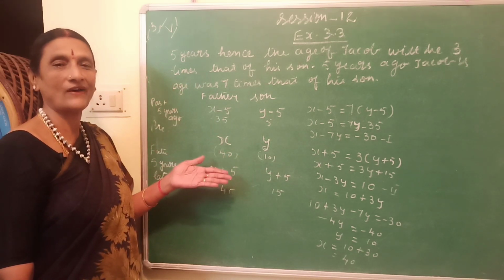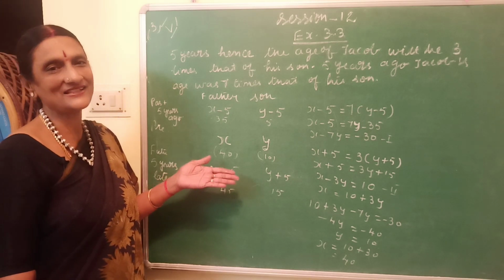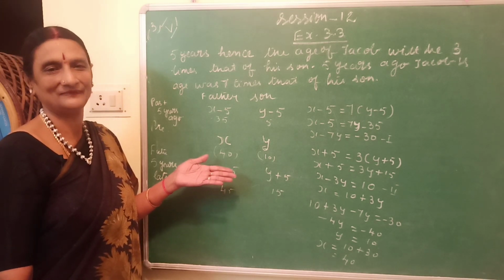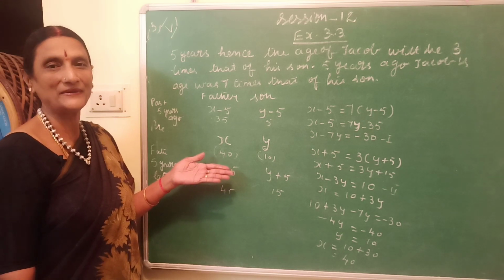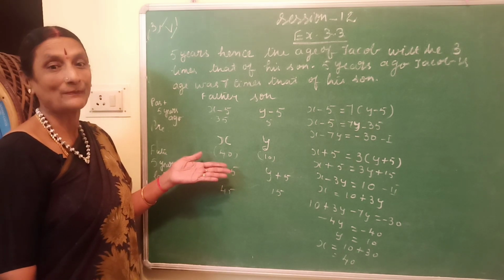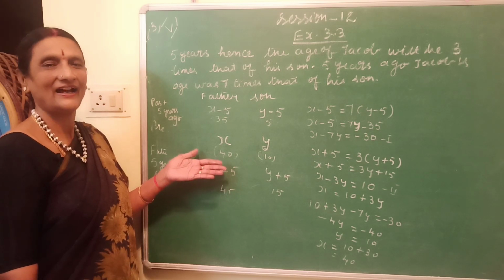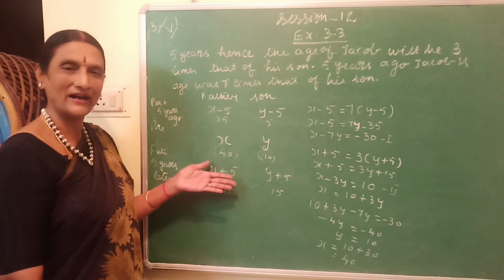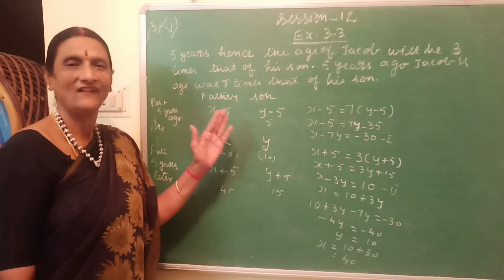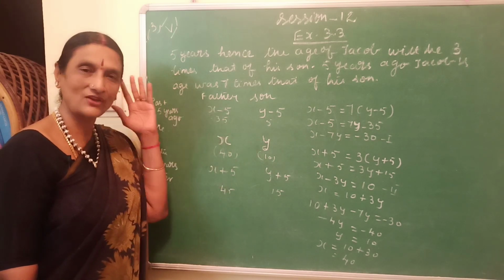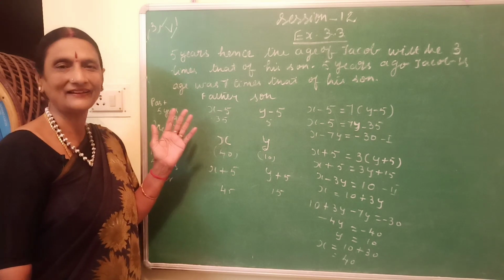You will get a funny answer that the son is elder than the father. Okay, logically, you know that what a big mistake it is. So please avoid such mistakes. And how can you avoid it? Only by doing it once again and checking everywhere. Wherever you have made mistakes, you have to find it out and then correct it.